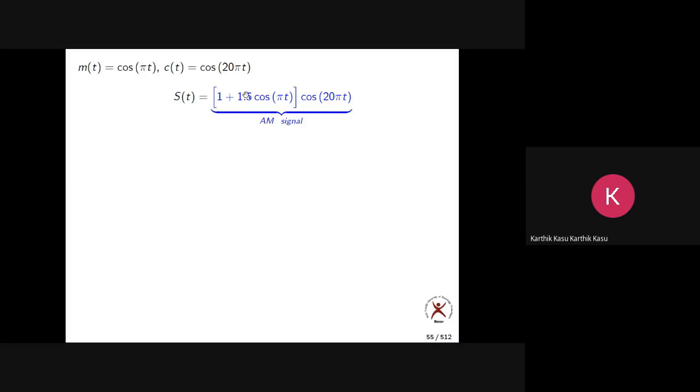It is maximum when cos pi t is maximum, which is 1. So the maximum value of this envelope is 1 plus 1.5 into 1. Correct or not? So that is 2.5.